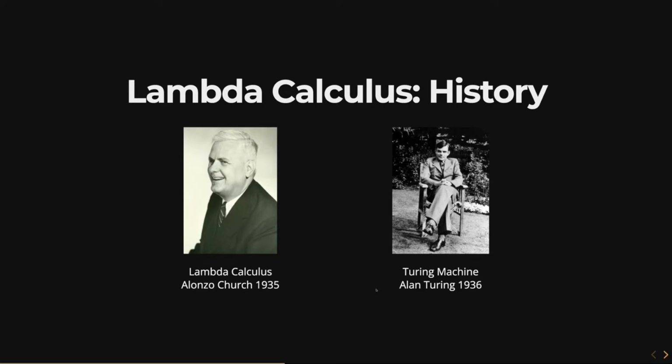This is the historical context. Following the work of Hilbert in trying to essentially prove the entirety of mathematics with logic, and then the subsequent Gödel incompleteness theorem, which demonstrates that this is not possible in the first place, that any system as complex as arithmetic has statements that are true but aren't provable within the system.